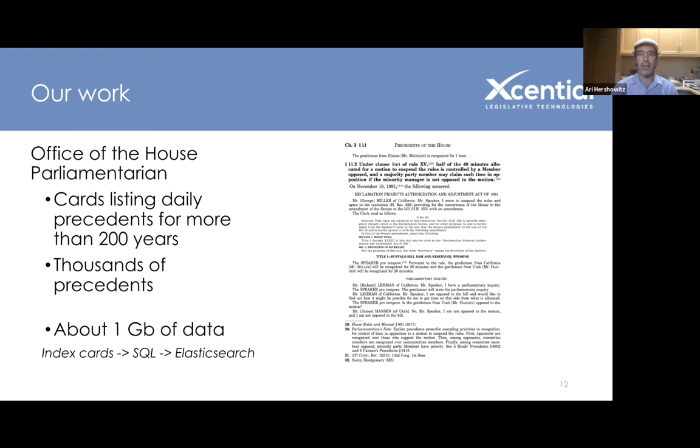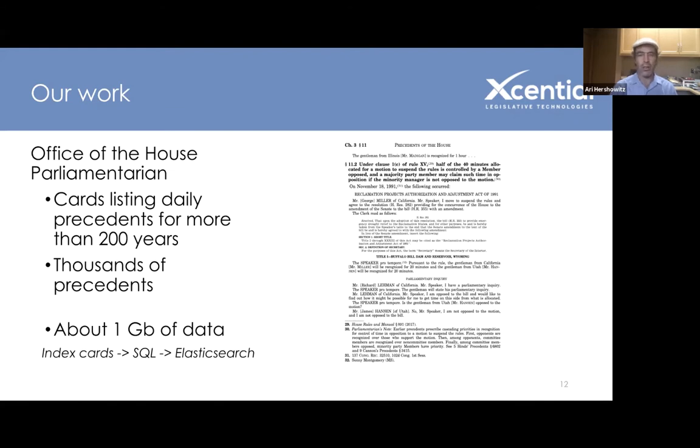Like, what happens when a speaker speaks out of turn? What happens when one congressperson calls the other congressperson a bad word? What counts as a bad word? If you say you're a silly face, does that count, or does it have to be something much stronger in order to count as an insult, right?